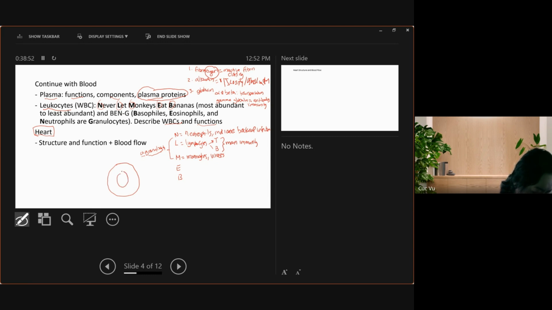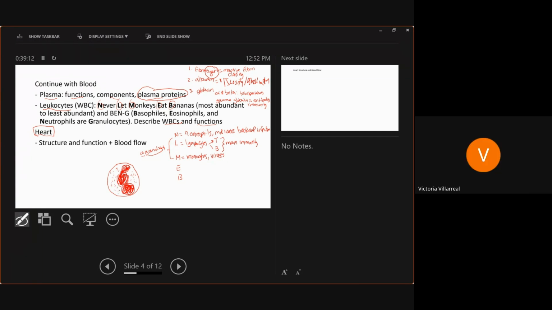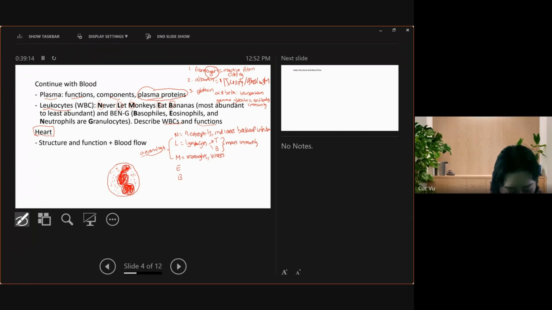Here's the nucleus. Let's say this is a neutrophil. Neutrophils actually have a multilobed nucleus like this. There are proteins inside that make it look freckled. That's the granules. Each cell has different types of granules.